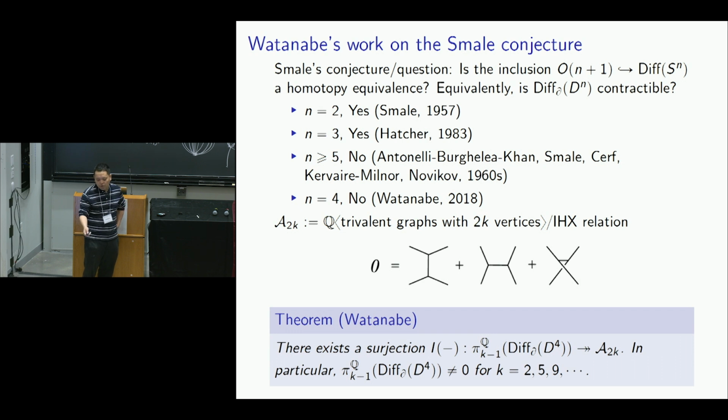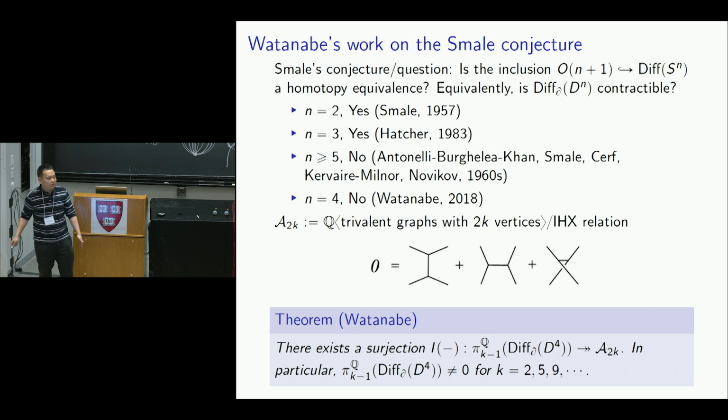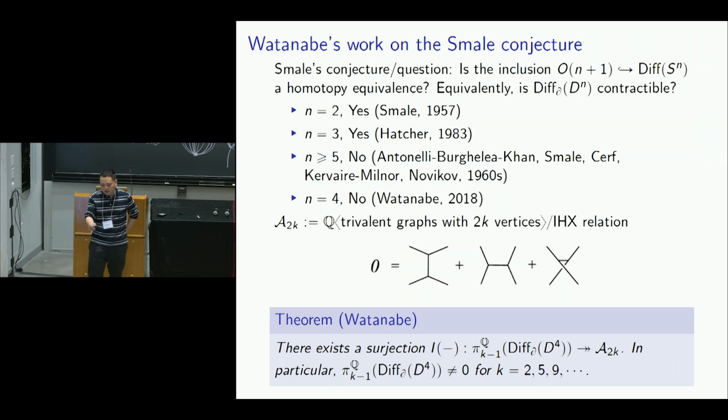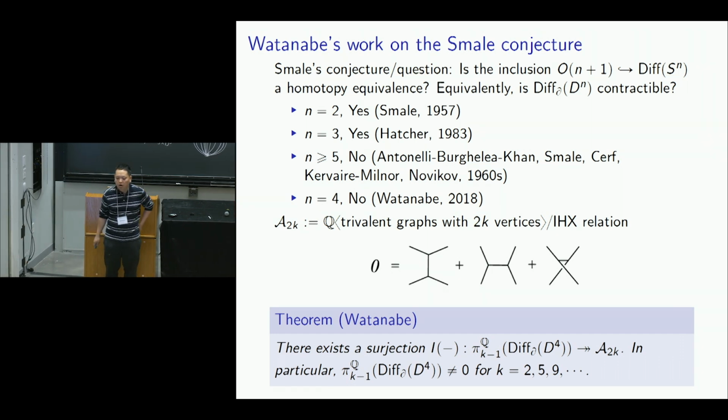If two trivalent graphs are the same everywhere outside a small region, and they differ from each other by this local picture, then they sum up to 0. I'm being careless about the signs here; there are some sign conventions in this graph complex which I ignore. Anyway, you can define this.